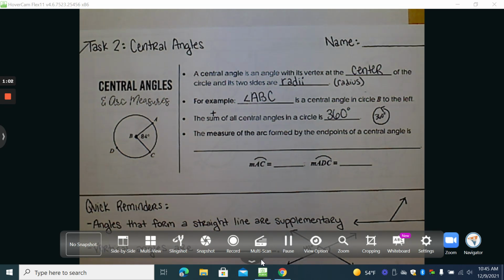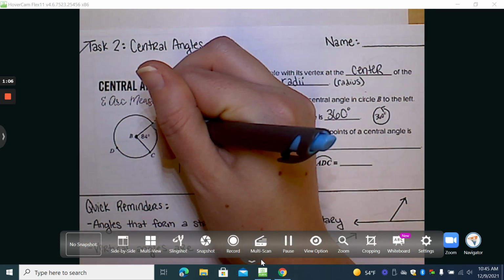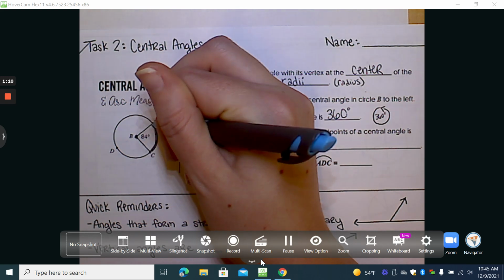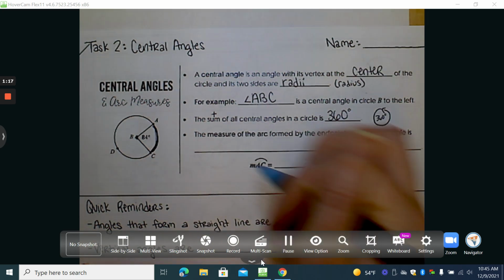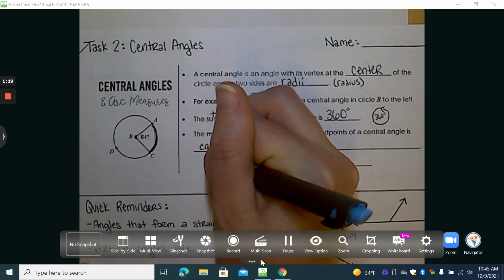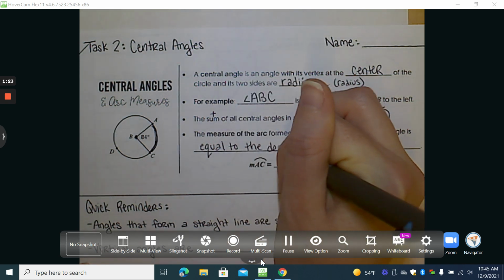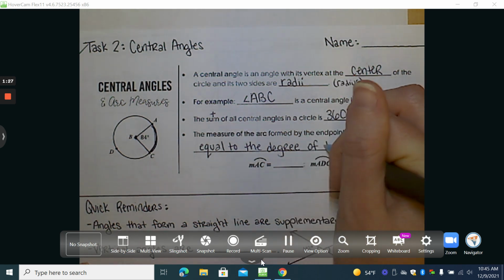And so the measure of an arc, essentially this part of the circle, the curved part, is the same measure as the central angle. So the endpoints of a central angle is equal to the degree of the central angle.